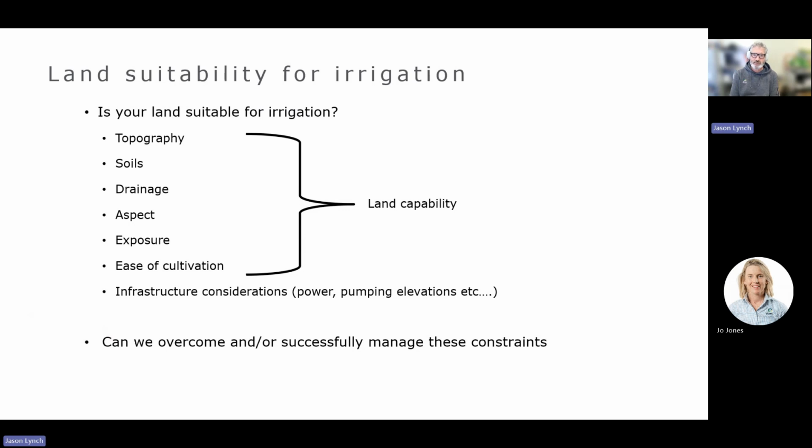Some of these characteristics we can't change. Pretty hard to change aspect, pretty hard to change topography, but there's things that we can modify the land to improve its suitability for irrigation, and also potential diversification of different enterprises and the intensity they're operated at.